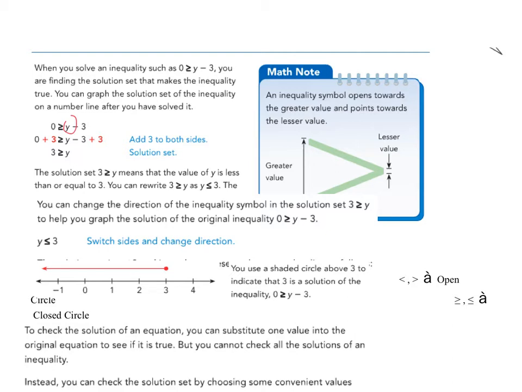So 3 is greater than or equal to y. Remember, when we write these, we always want the y first. So we can rewrite it in the opposite direction, so y is less than or equal to 3. Remember, the point needs to go toward the y. So now if you graph that on a number line, y is less than or equal to 3. You're going to have a closed circle at 3 because the equal to line is underneath, and you're going to shade to the left. So closed circle shaded to the left.